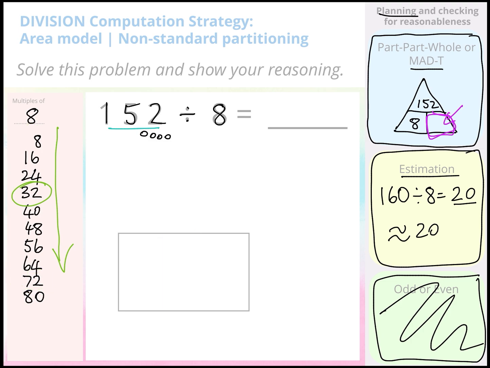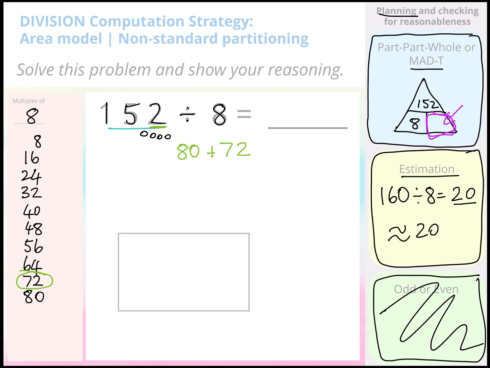So the reason I'm doing 72 is I've realized it's better to choose the number that is the greatest multiple of 8 that ends with 2. So I'm going to do 72 as one of my parts. What's left over from 152 if I take away 72? That's 80.